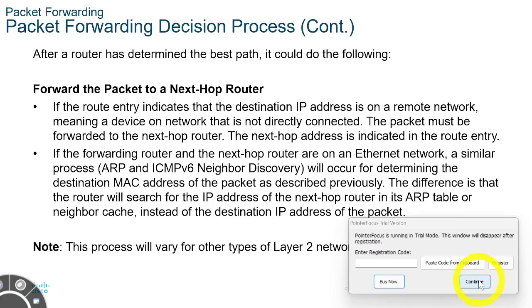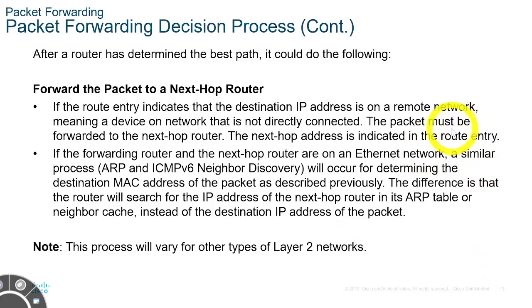So if R1 will route the information to the LAN here, it first should forward the message to R2, and R2 will forward the message to the LAN. So it will add the next hop.